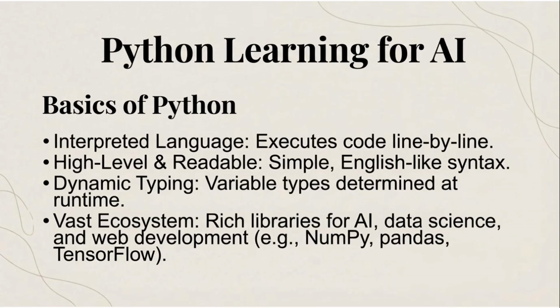Again, the third point is dynamic typing. Dynamic typing means the variable type is determined at runtime. Let me explain how we see that it is determined at runtime. If we are writing a string, in other programming languages a string literal will have double quotes. Here we can give single quotes or double quotes, and this will be determined at runtime.